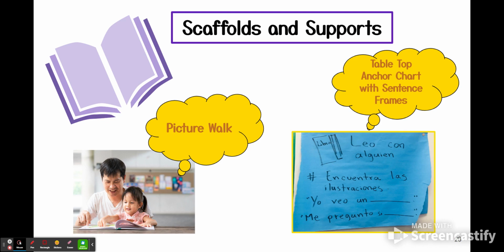And as we've already looked at, you could keep those sentence frames right there in front of students whenever they're sharing to make sure they have those words, those sentences to help them share their ideas.